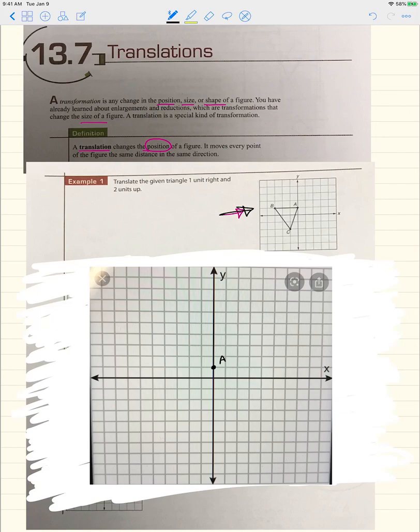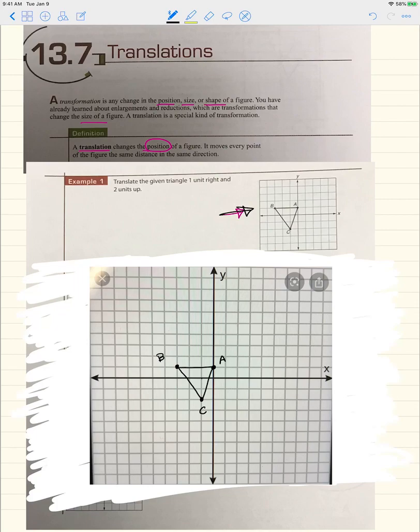So here's A. B is at -3, 1. So here's -3, 1. Here's point B. And C is down here at -1, 2. All right, there's C. And we're just going to connect those and make our triangle.